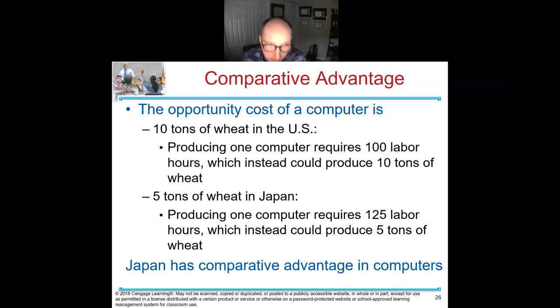That's what they're really good at. But the United States is an expert at manufacturing wheat. That's what they're really good at. So you can say that Japan has a comparative advantage in manufacturing computers because they can't get it in wheat, right? That's what we're comparing it to.